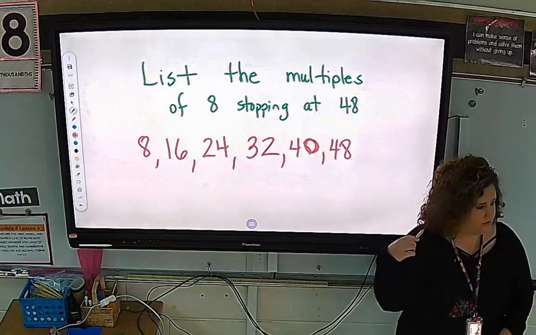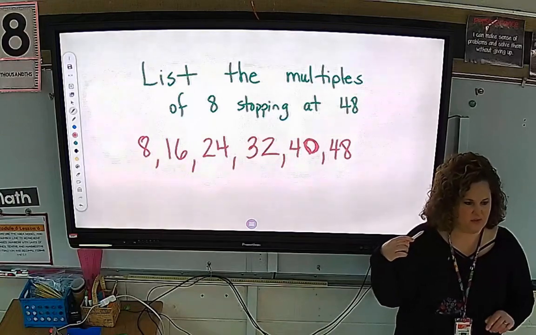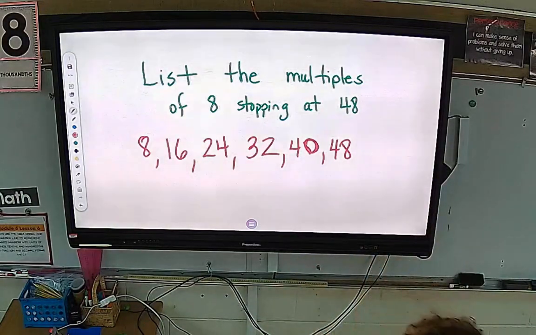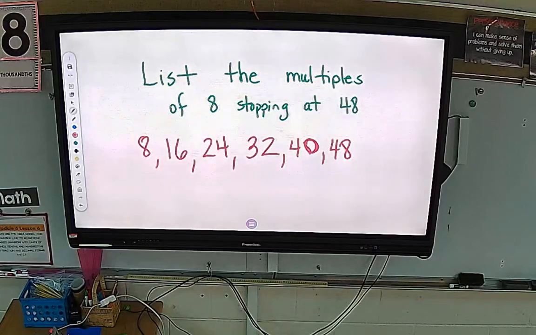With factors, we can't. With factors, if I'd have told you to list the factors, I would have just said, list the factors. I could have said of 8, or I could have said of 48. But that's where you're putting together the ones that multiply to make that number, and you're only going to have a set few. This could go on forever.